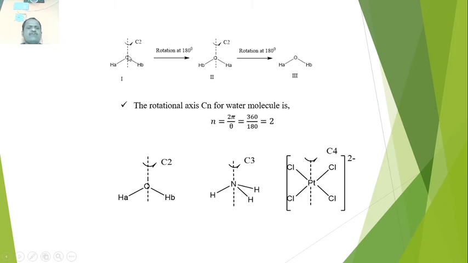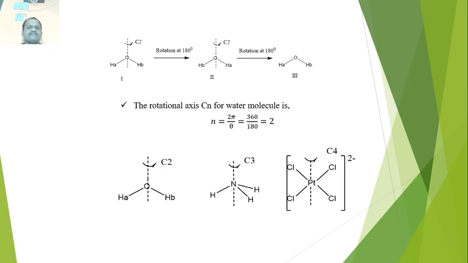But what is the order of that axis, how is it calculated? You can see here theta is equal to 180 degrees. So when you rotate that molecule by 180 degrees, I will get another molecule which is equivalent to the first one. The first configuration is equivalent to the second configuration, but it is not identical.